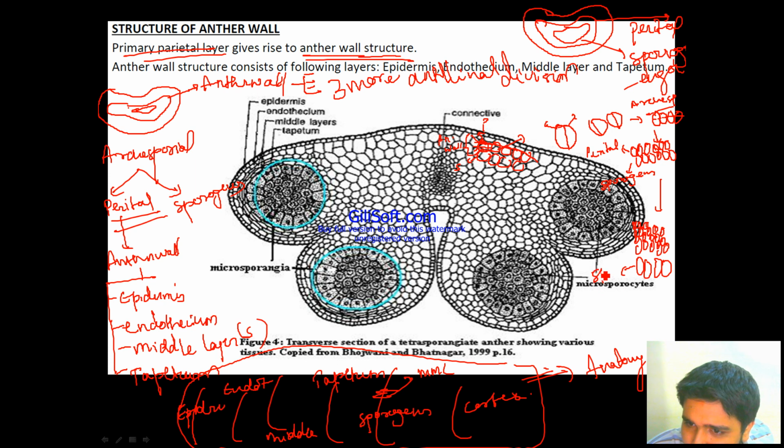This is the sporogenous layer, it is as it is. Now these 4 layers together form the anther wall. And the 4 layers that I was talking about, you can see over here, right? We have epidermis, endothecium, middle layer, tapetum. That is the order in which it flows. And inside that, ultimately, don't worry about this thing at the moment.